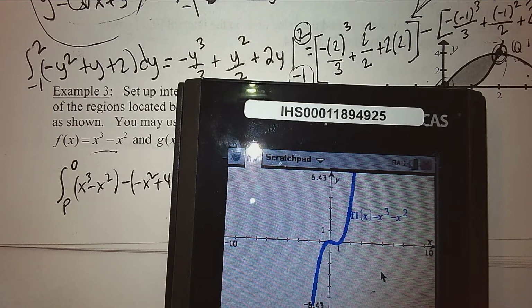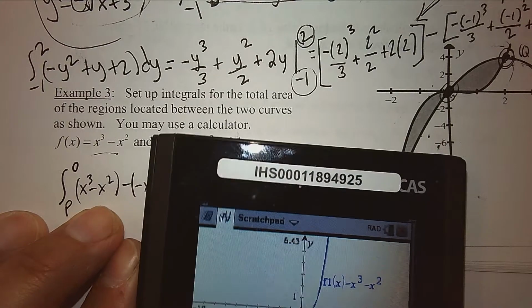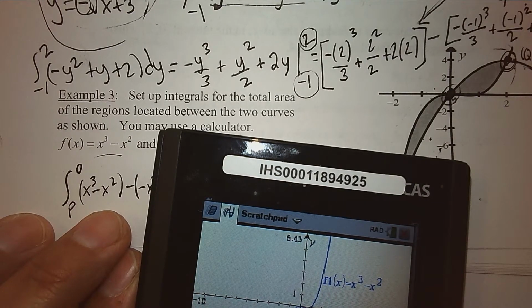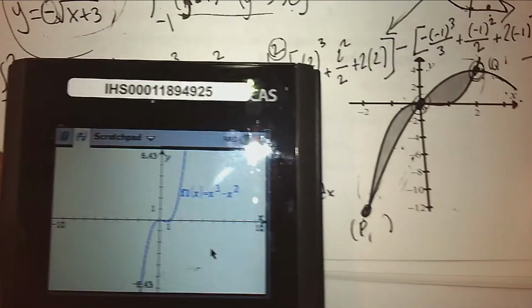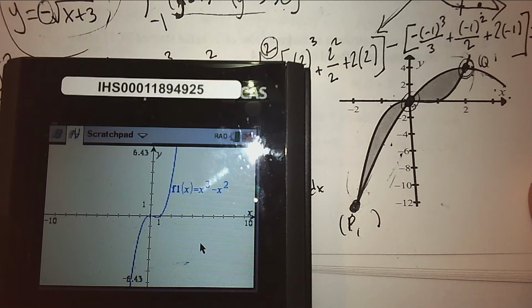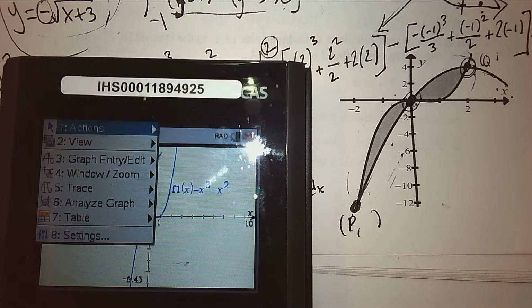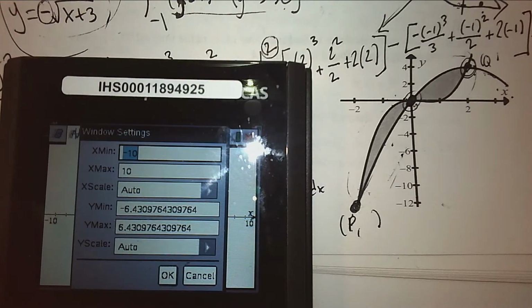If you had to, you might have to change the zoom so that you can actually see it a little bit better. It's really hard to tell here. I might zoom in and do the same window. Notice on the picture given, what's the x window? It goes from negative 2 to positive 2, about. If I change the window, I go to Menu and the window settings.